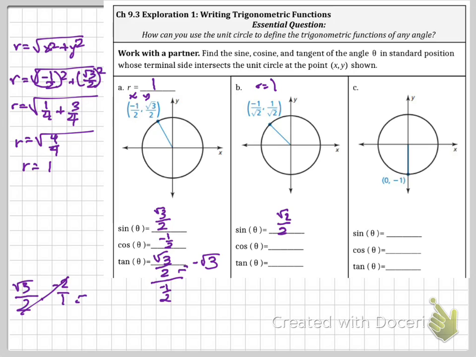Cosine of theta would be negative square root of 2 over 2, because you have to rationalize the denominator. And then tangent of theta is -1. For this one, when the side is at (0, -1), for the last one, remember that's y over x, so -1 over 0, and therefore that is undefined.